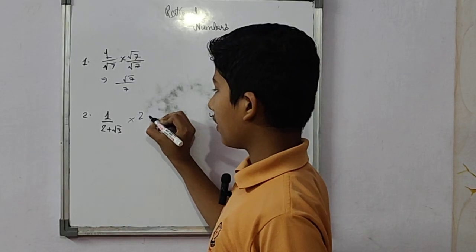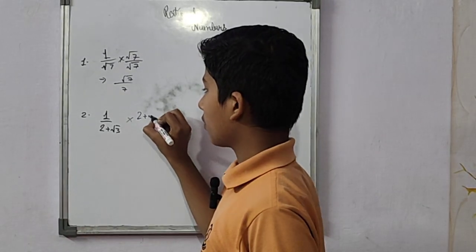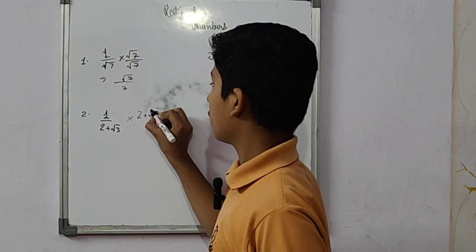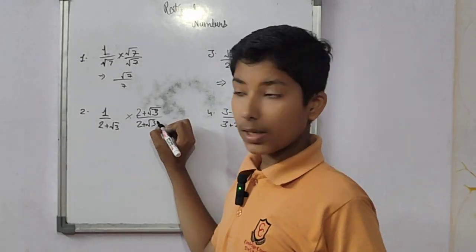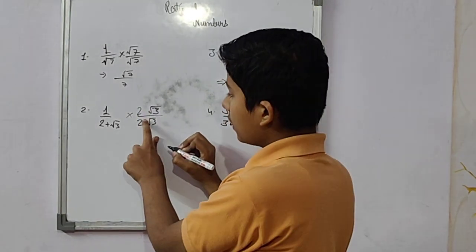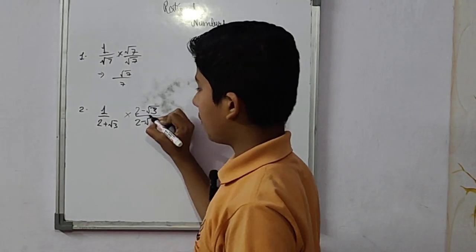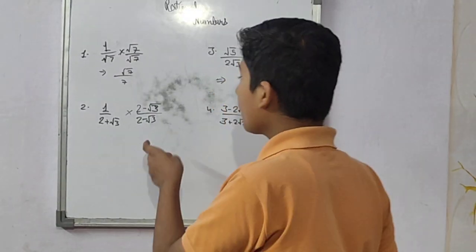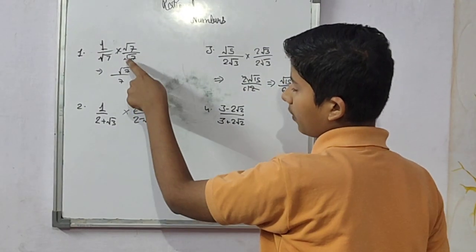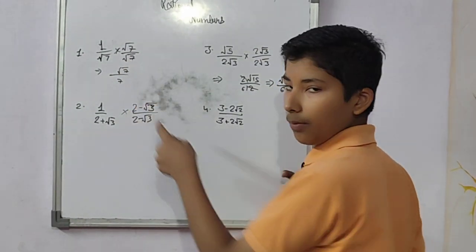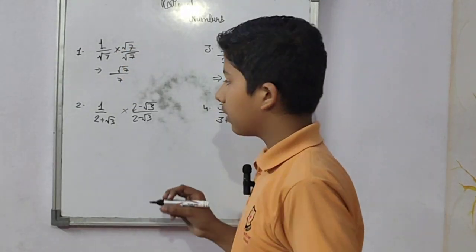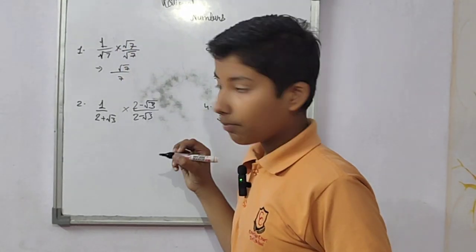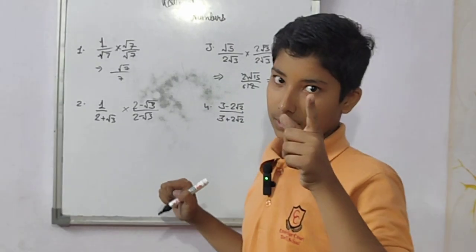You will think that we have to just write 2 plus root 3 upon 2 plus root 3, but it would be wrong, because you have to change the symbol. Why? Because earlier there was one term so no change in symbol was needed, but here there are two terms, so you will have to change.